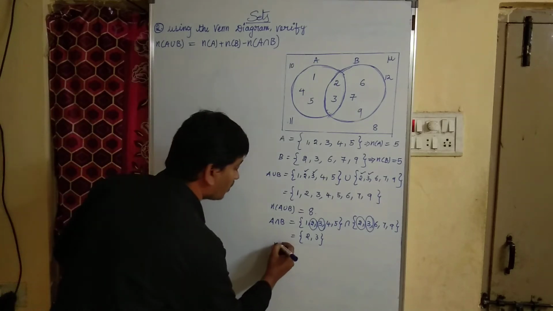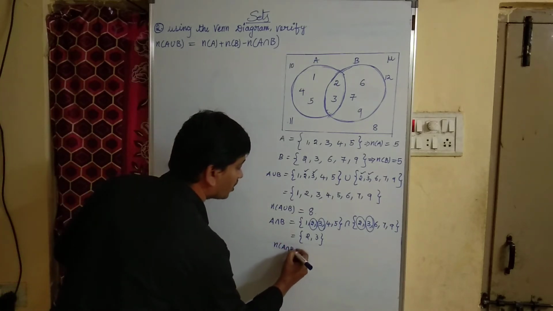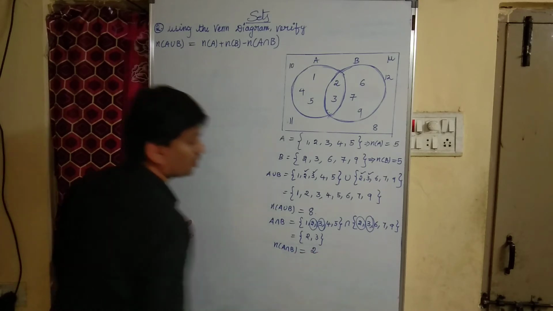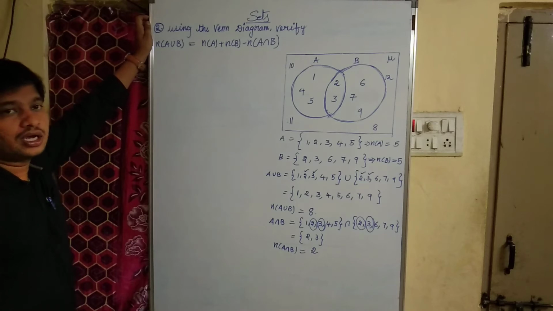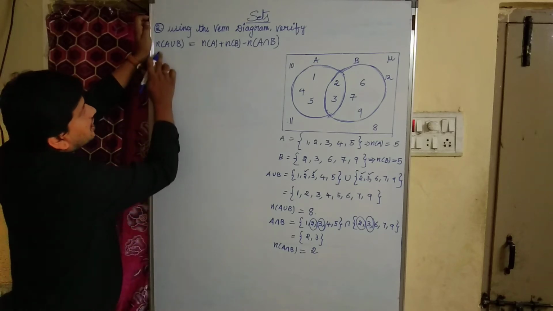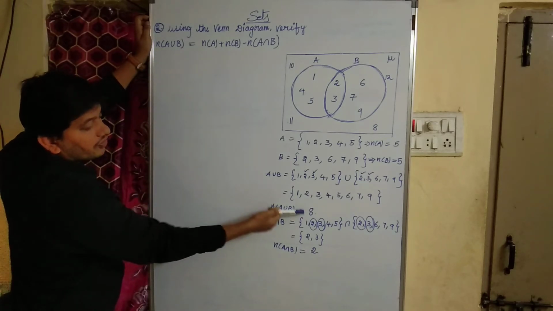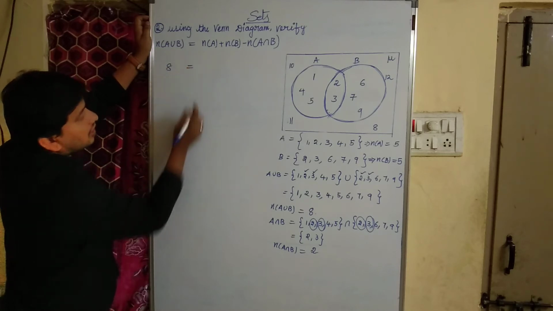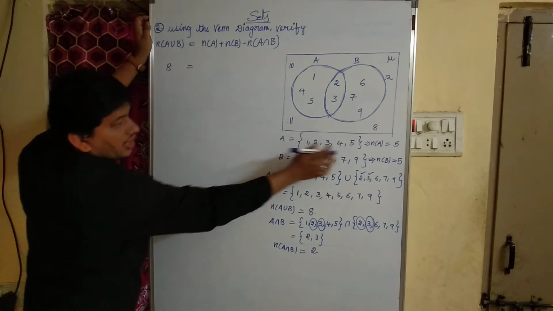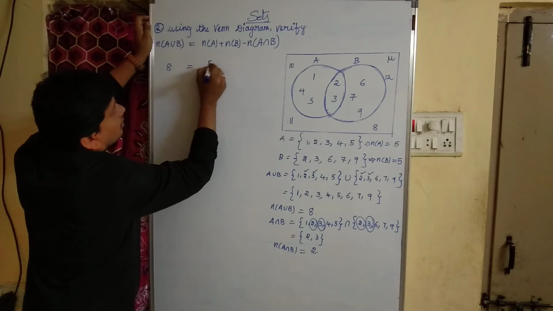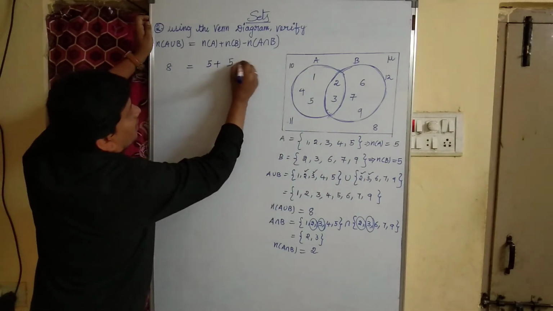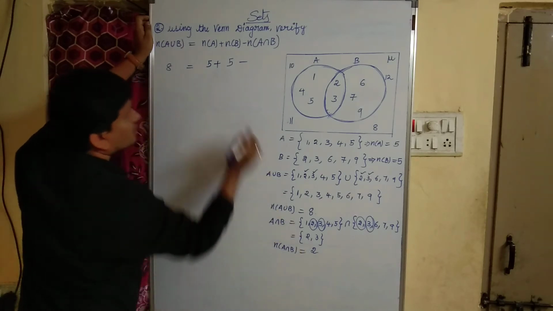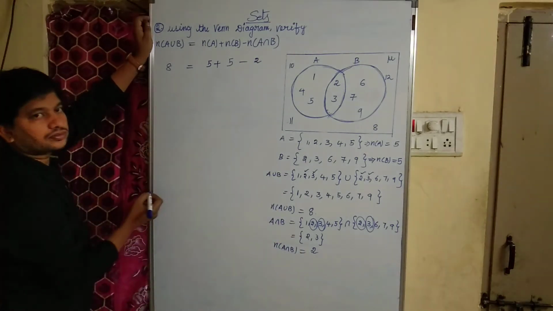So n of A intersection B is how much? 2. Right? Now let us verify n of A union B. So what is n of A union B? As n of A union B is 8 equal to n of A is 5 plus n of B is 5 minus n of A intersection B is 2.